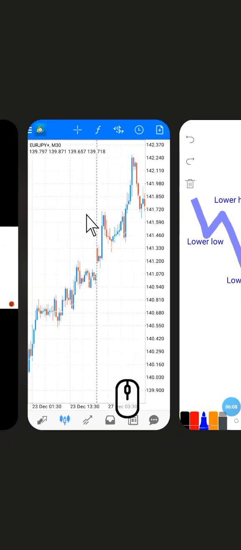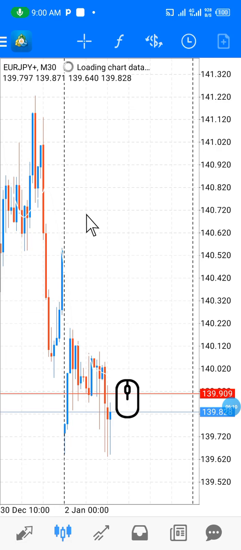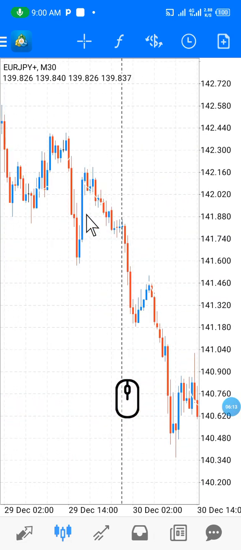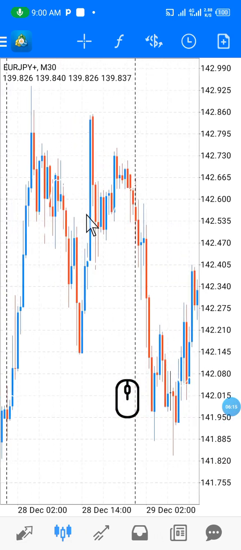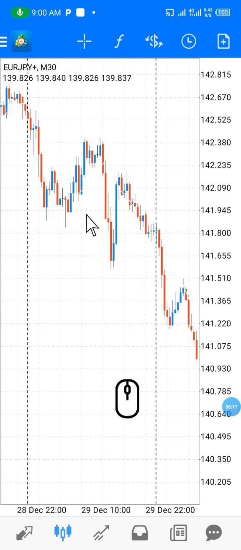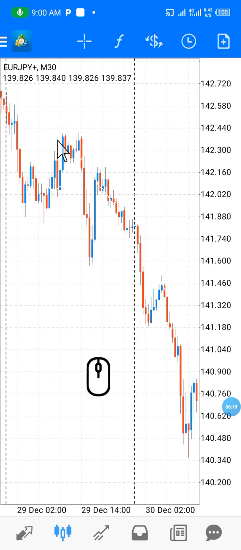Let's find out from EJ. Okay, now this is when our trend changed. We said the market gives us lower lows and lower highs. At this point, we got our first lower low, and the market pulled back up, giving us a lower high. Pulled back down again, giving us another lower low.